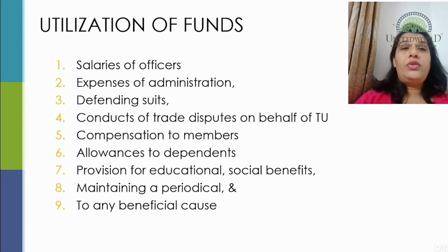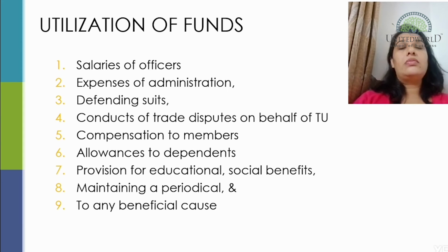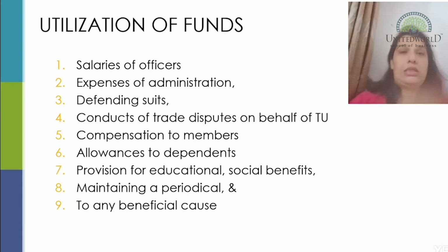Then the conduct of trade union disputes on behalf of the trade union, compensation to members, allowances to the dependents, provisions for educational and social benefits of the workers and members, maintaining periodicals, and any beneficial causes. So trade unions can generate funds, and they can utilize the funds as given.